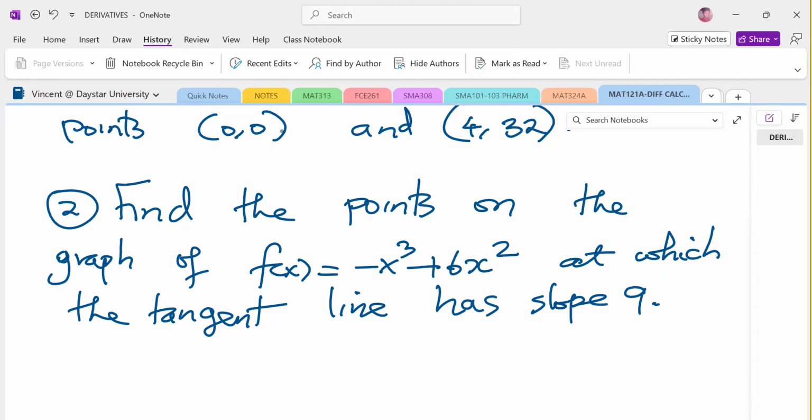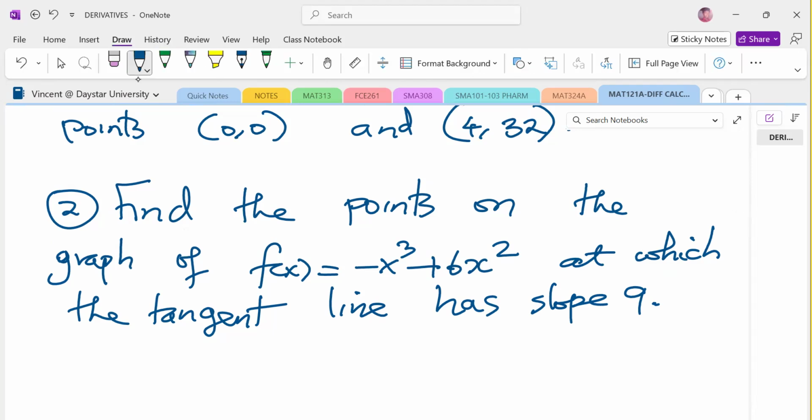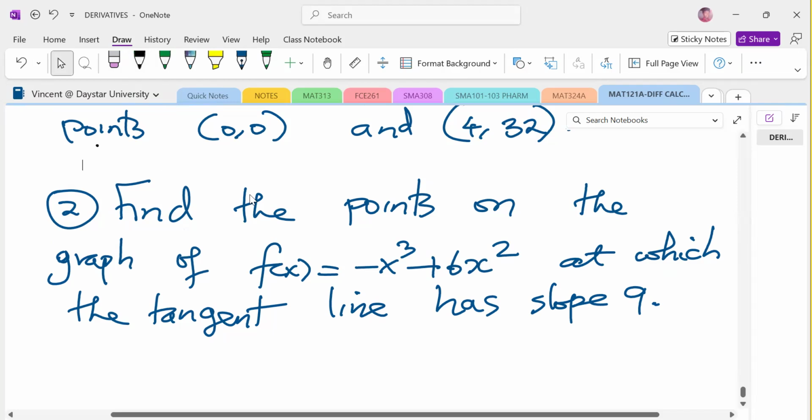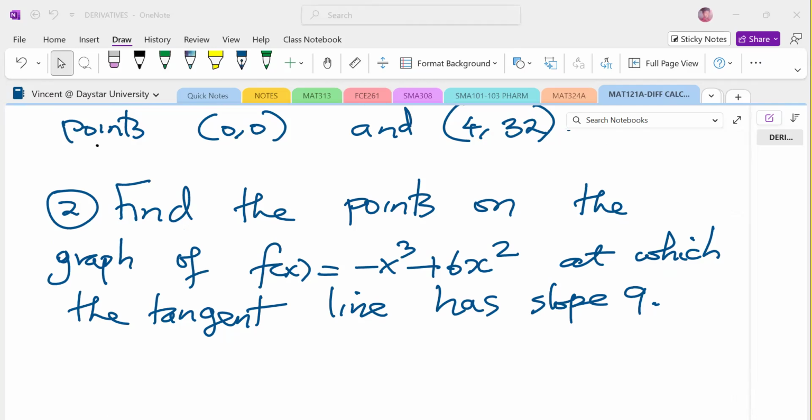Who can tell us how we need to deal with this problem? Who has an idea on how to deal with this problem? Just unmute and say the answer.